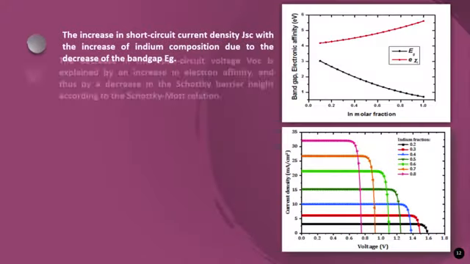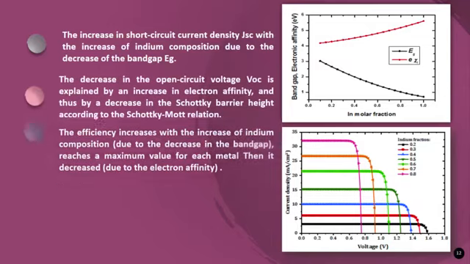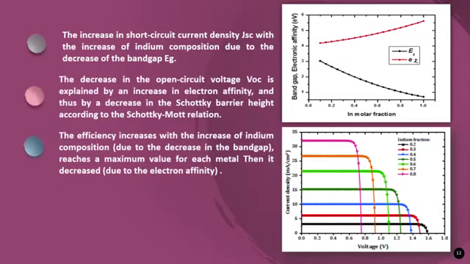From these results, we can talk about these important points. The increase in the short circuit current density with the increase of indium composition is due to the decrease of the band gap. The decrease in the open circuit voltage is explained by an increase in electron affinity, and this leads to a decrease in the Schottky barrier height according to the Schottky-Mott relation.